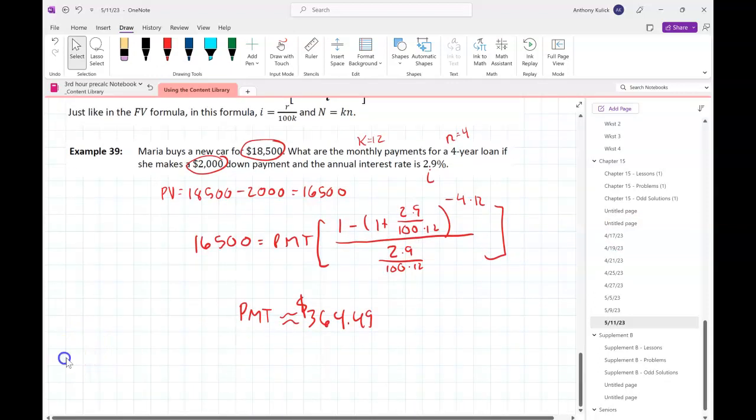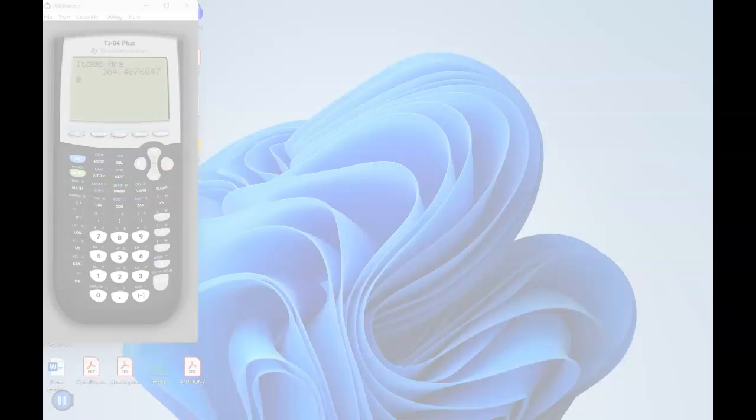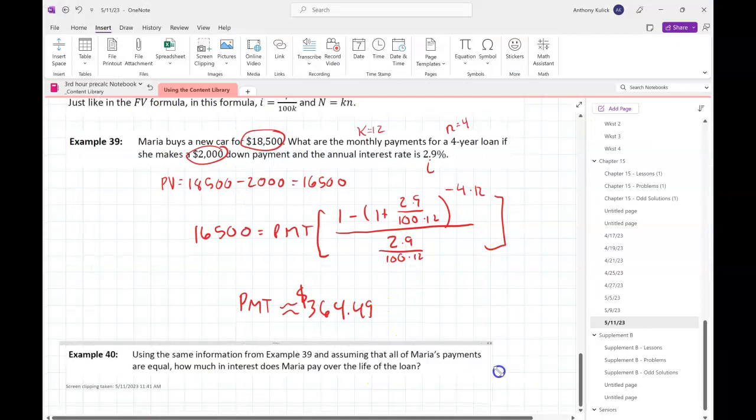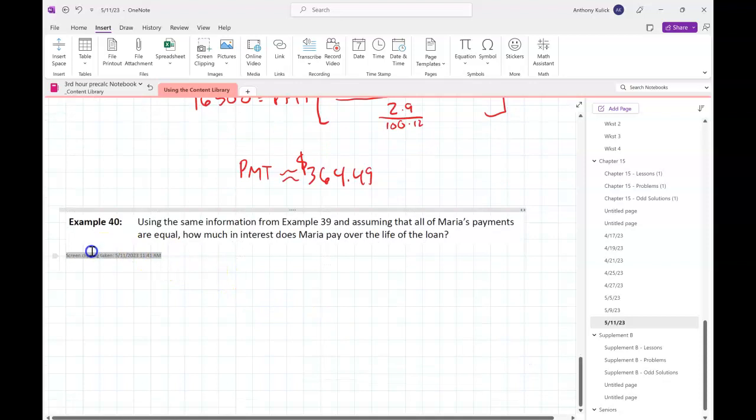So I think that from the consumer perspective, the next obvious question is, well, I get that Maria borrowed $16,500, but how much did she actually pay for that car?